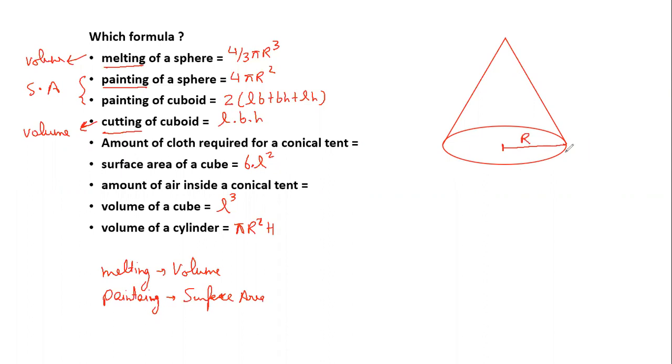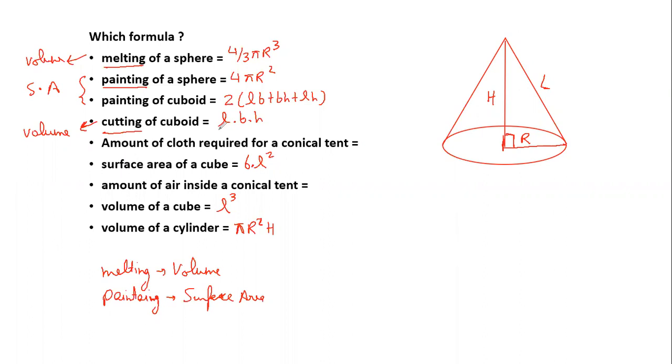This is the radius of the circle, so that's the radius of the cone. And then you have this perpendicular. This is the height of the cone. This is 90 degree. And then you have one more dimension, which is the slant height, which is this L. This is called the length of the slant height. So these are the three dimensions.